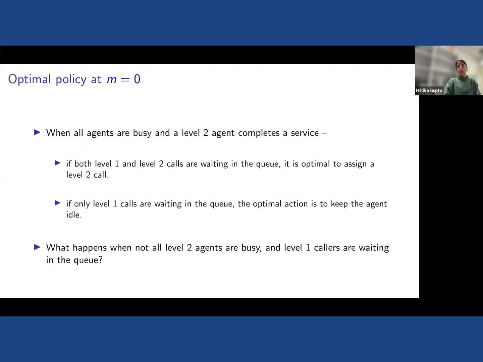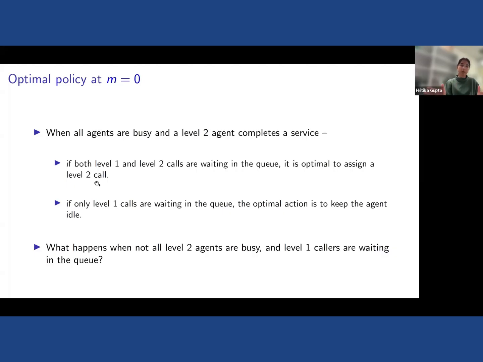Let's take a look at the optimal policy that we will get using this method for the set of parameters I showed you before. We're going to look at the optimal policy at the time origin, so m equals 0. When all agents are busy and a level 2 agent completes a service, the optimal policy says that if both level 1 and level 2 calls are waiting in the queue, it is optimal to assign a level 2 call to the agent.